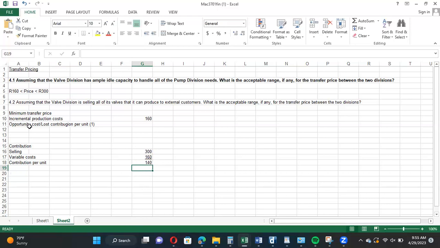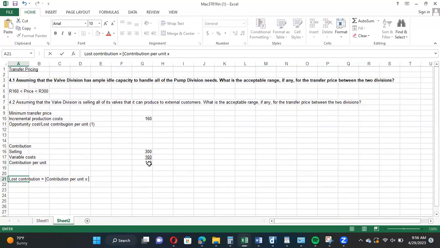So how we get that opportunity cost now, or that lost contribution, right? It's gonna be the contribution per unit, which is the answer that you get there, right?